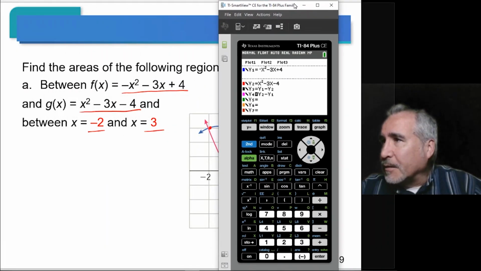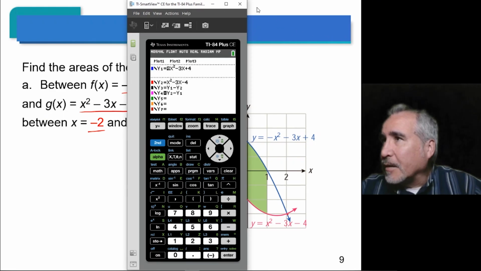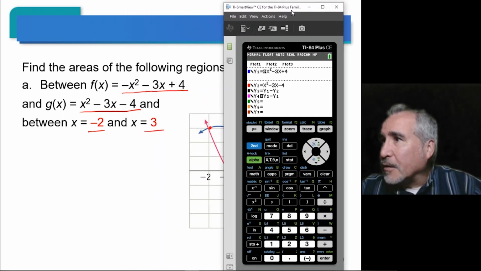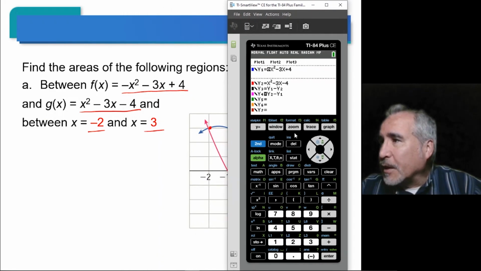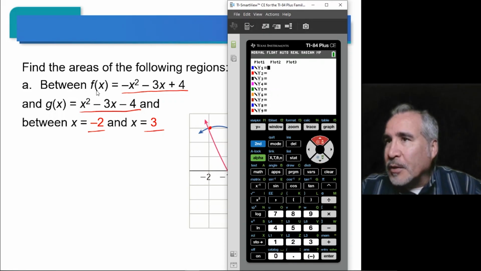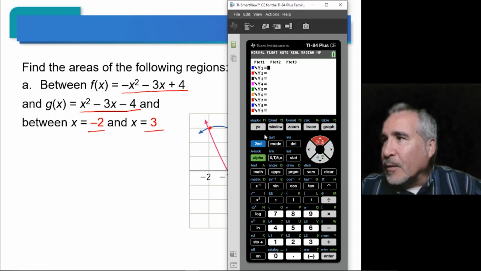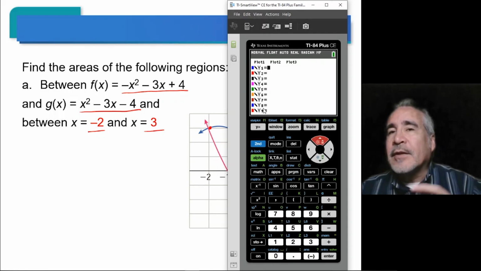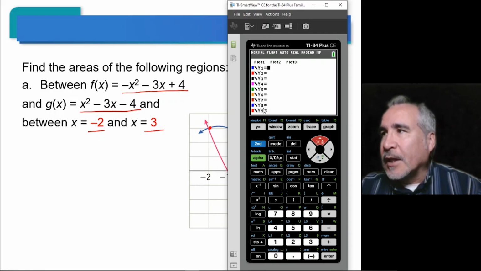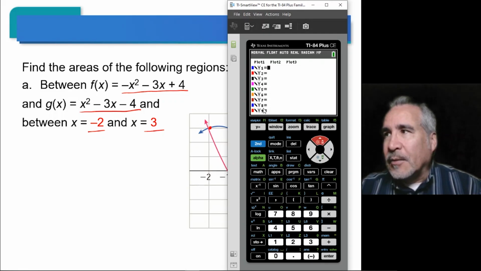So what we're going to do, let me clear this out so that you get to see step by step. The first thing we're going to do is put f of x into one of these. You don't have to re-enter them too many times. We can do all of this with the technology.